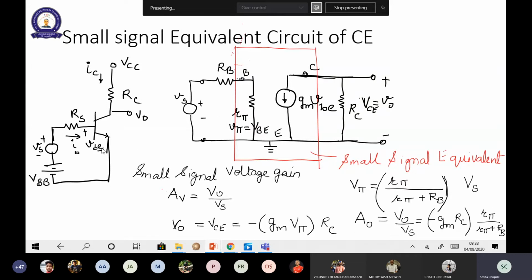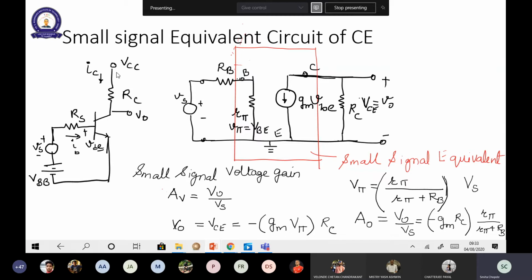What is represented at the input is your source resistance. Here I have written RB. I'm sorry for this, please make a note of this correction. This should be RS. RS is existing between the base and the positive polarity of the voltage signal. Then between collector and ground, that is emitter, there exists a resistance RC.